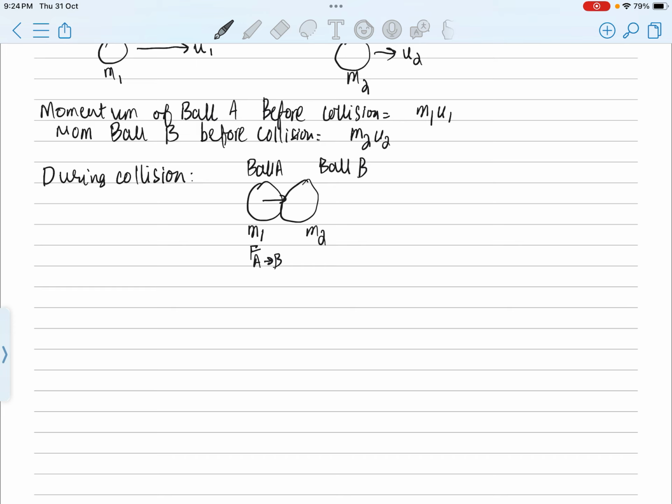By virtue of this, ball B will also exert a force which will be equal in magnitude but opposite in direction.